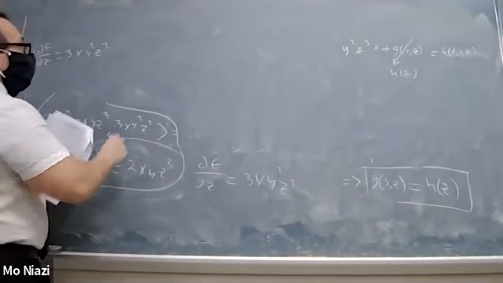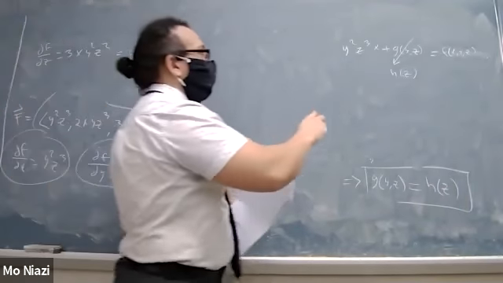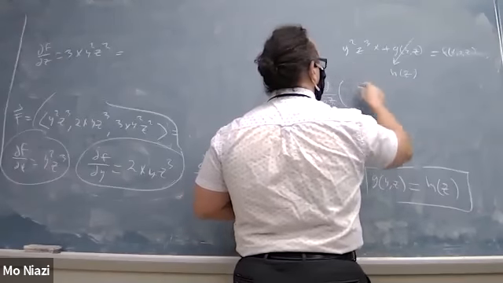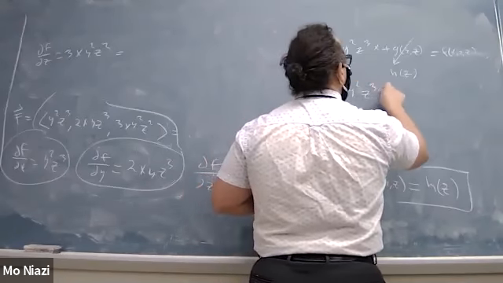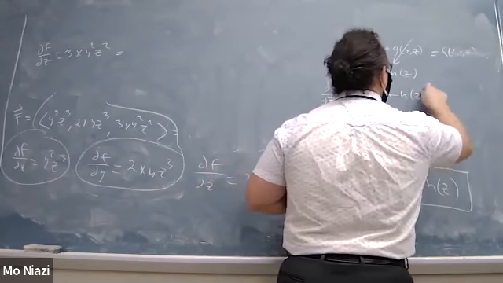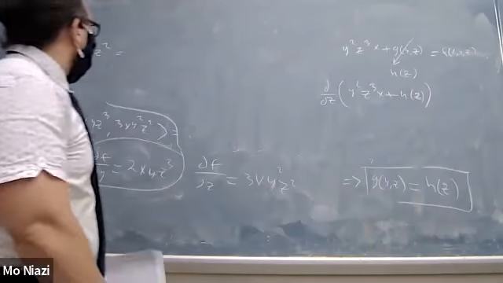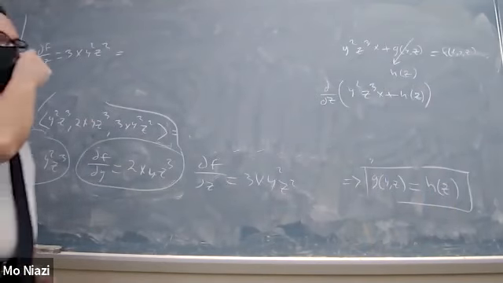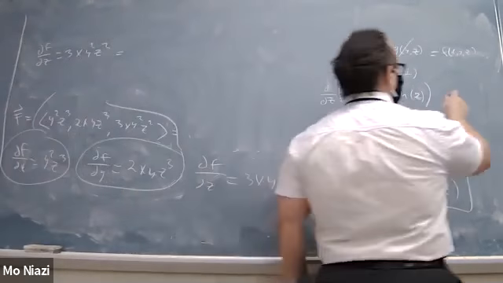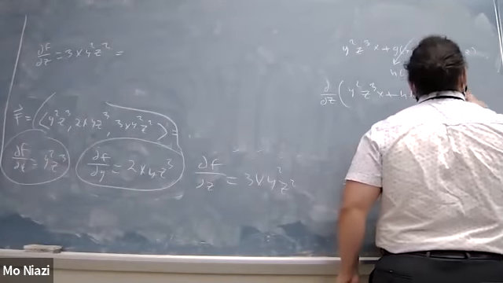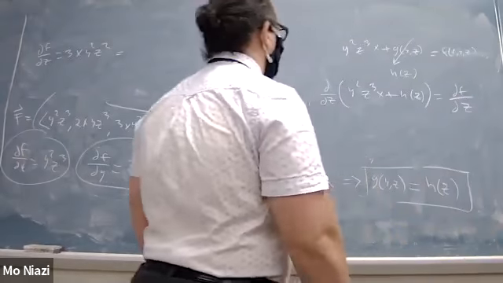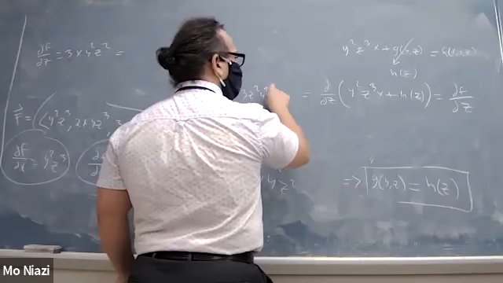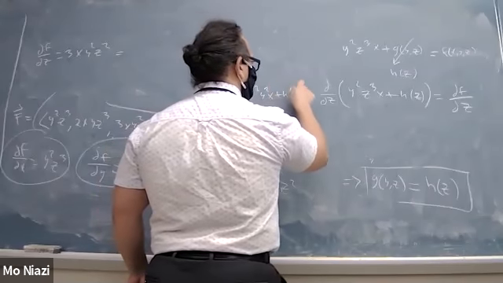So then this is going to be equal to partial z of this expression. Because this is the same thing as partial f partial z. So notice that this ends up equaling 3z squared y squared x plus h prime of z.